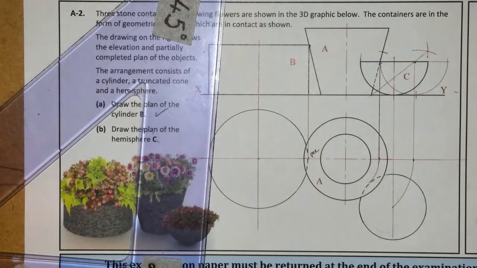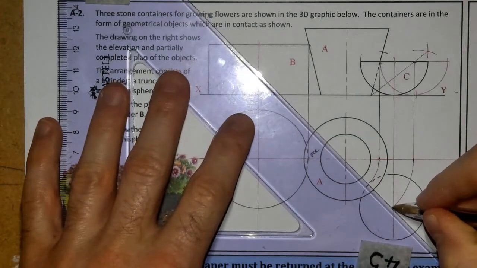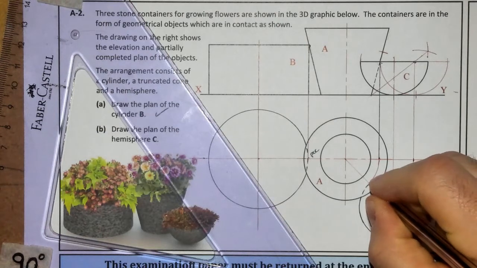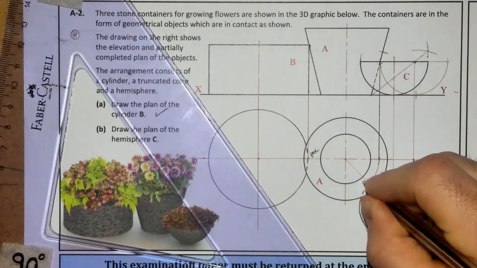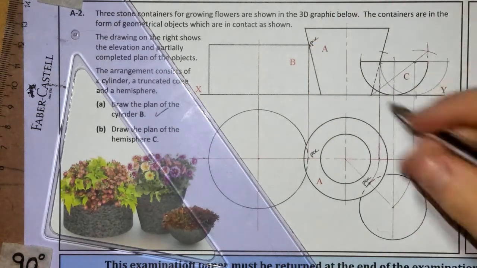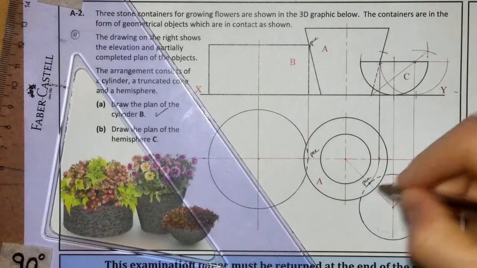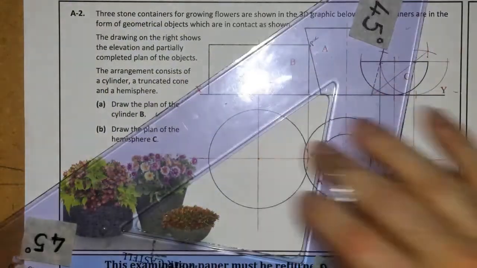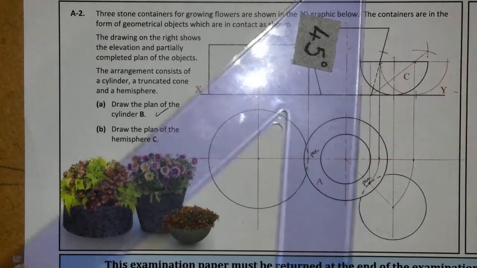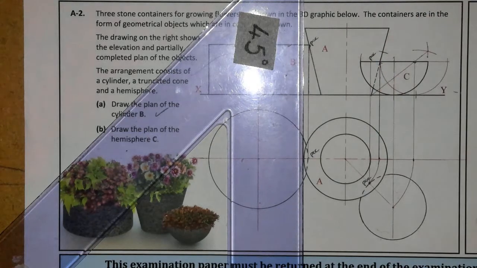Okay, and what it's actually going to show me is, when I connect the center of both, it's showing me that the point of contact is right there. POC. So there's a POC here for the cylinder and the truncated cone, and then I've got a POC here in my plan. And to find it in my elevation, I'll simply project it back up, and my point of contact is there. So there we have it.